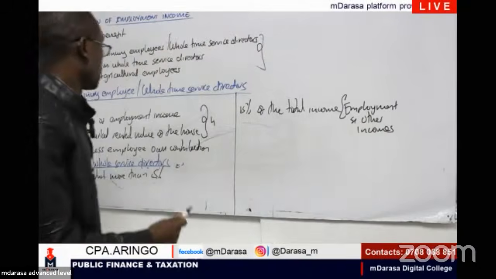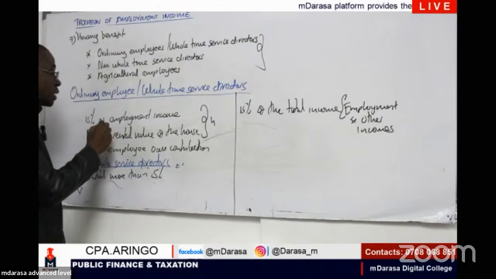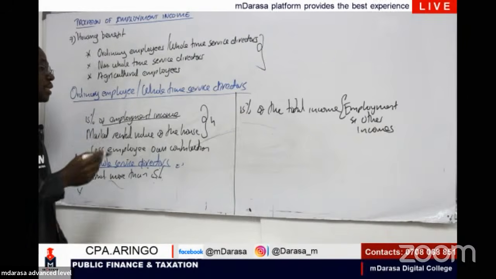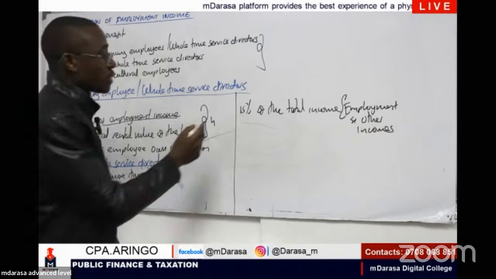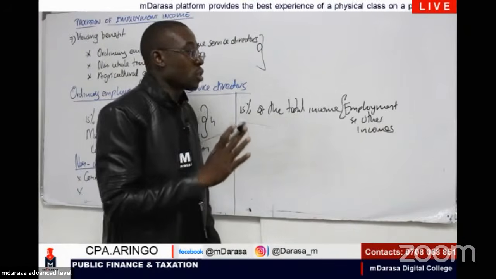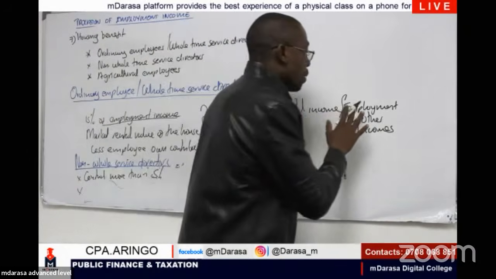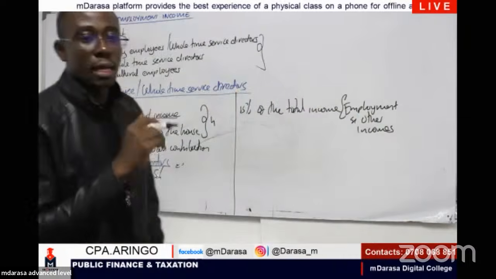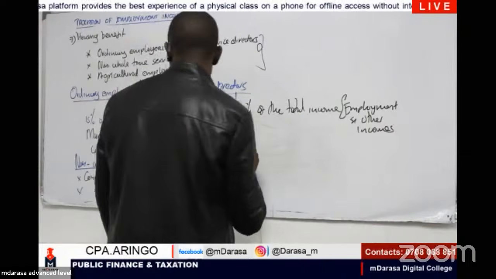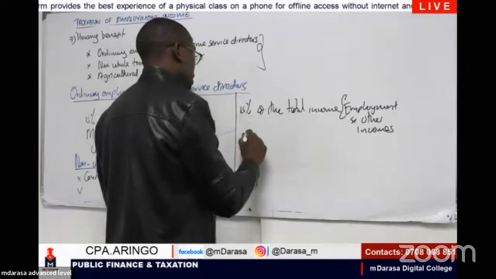Look at this case. For whole time, we are only considering the gains from employment income. But for non-whole time, we are talking of total income, and in this context, total income includes both employment and other incomes.